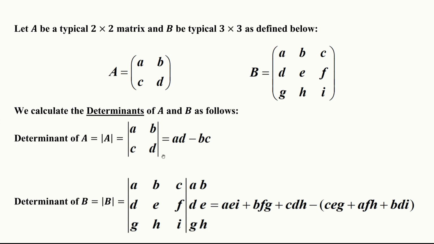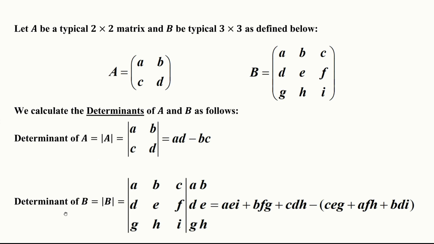Is calculated in this very simple manner. Basically, you do two diagonal products and you subtract them. First, you find this product, going from left to right, and then you subtract from that this product, the BC product, which is the product going from right to left, this diagonal. All right, so AD minus BC gives you the determinant of A.